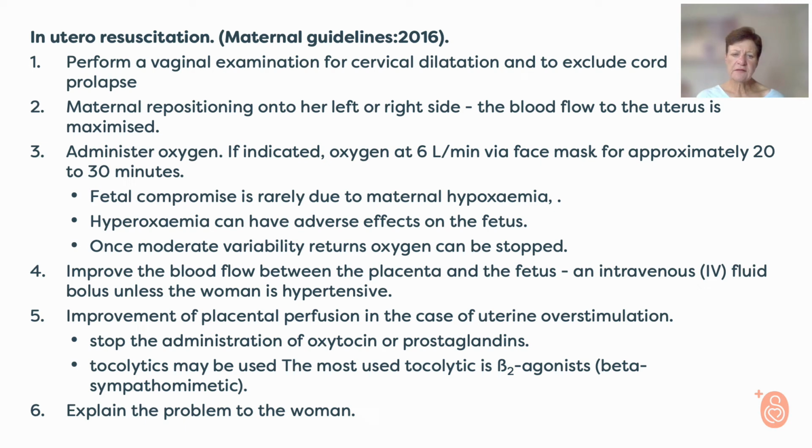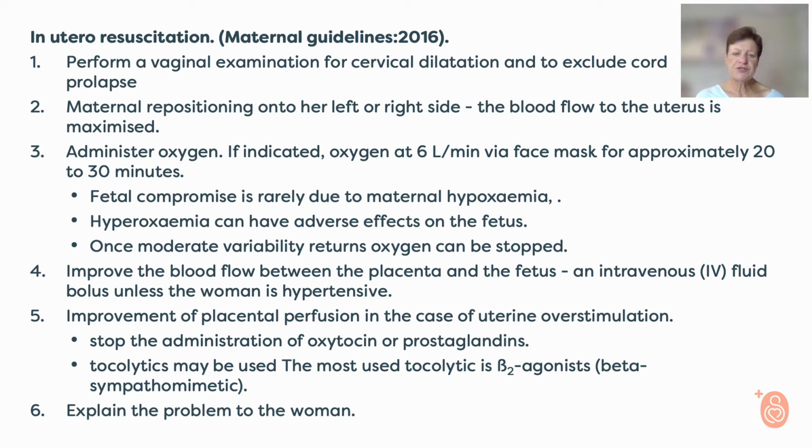So if we look at the intrauterine resuscitation, or in utero resuscitation, and we do it according to the Maternity Guidelines of 2016 in South Africa, as we did in the previous CTG, we were supposed to perform a vaginal examination to exclude cord prolapse.